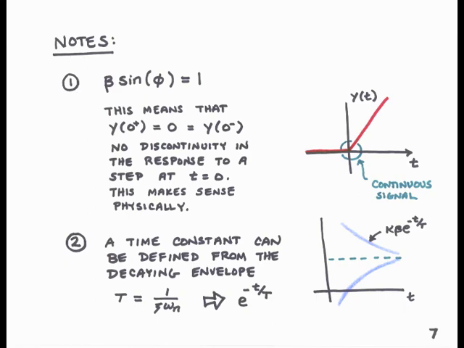This makes physical sense if we think about the output as, say, displacement of the mass, and the input as a step in force. The mass does not move instantaneously. It takes some time for it to move, so its position is a continuous function, even when a step input force is applied.